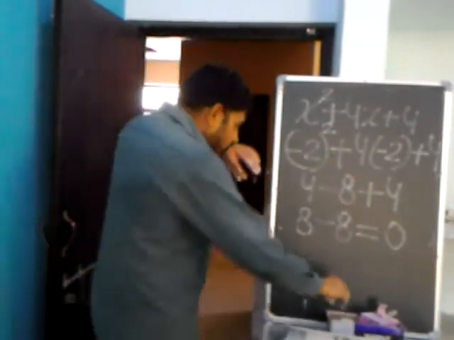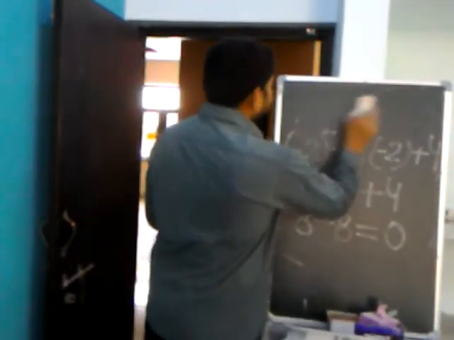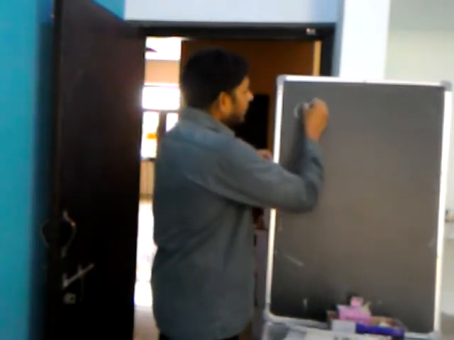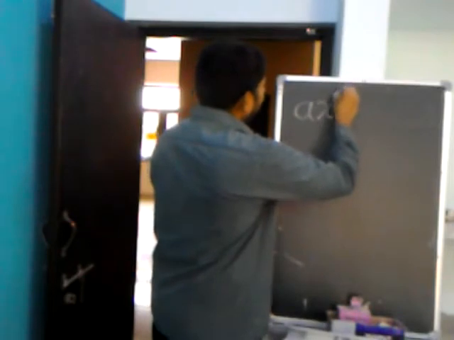This is why these are called zeros. Now, in mathematics, we generalize everything. So in general, in math, we write a quadratic polynomial in the form of ax square plus bx plus c.